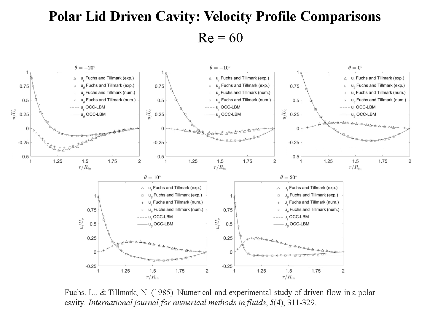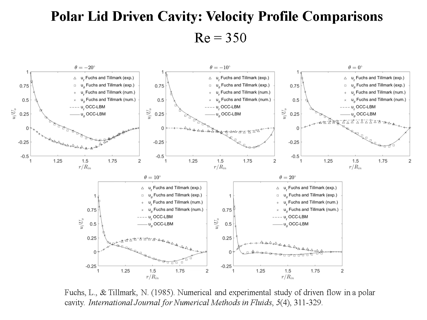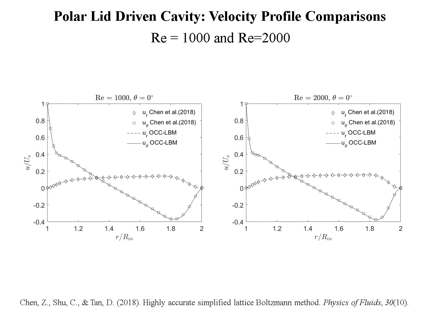We do this again for a Reynolds number of 350, and we find very similar results. In addition to that, we also run cases at Reynolds number of 1000 and 2000, and we compare with the numerical results provided by Shen and Xu, and we find that our results match very nicely with theirs.